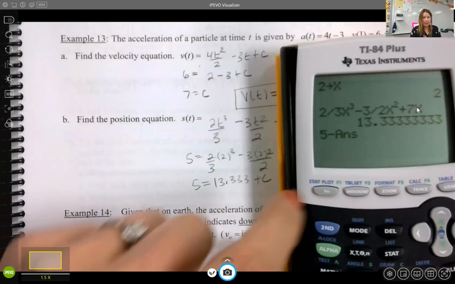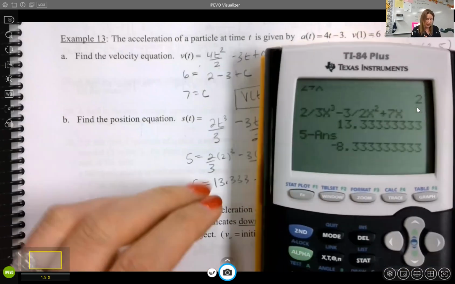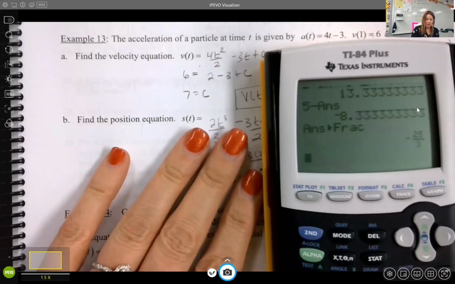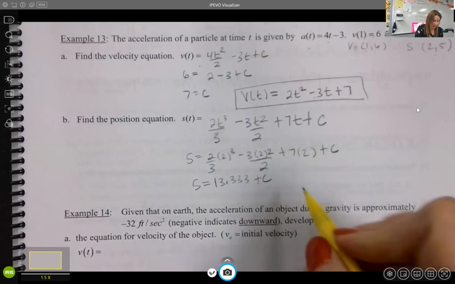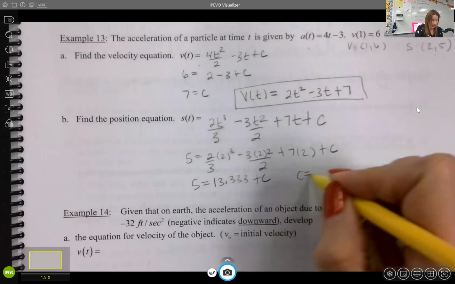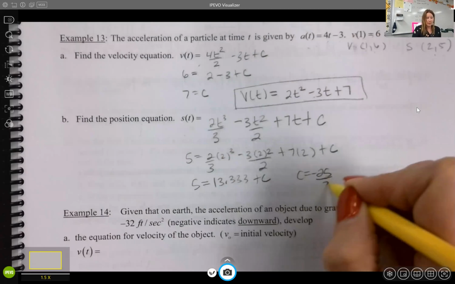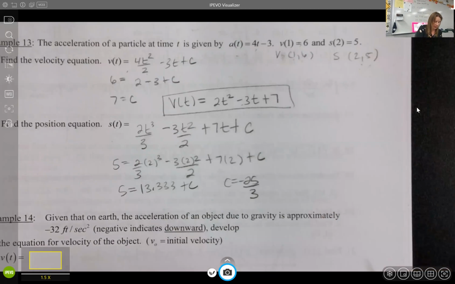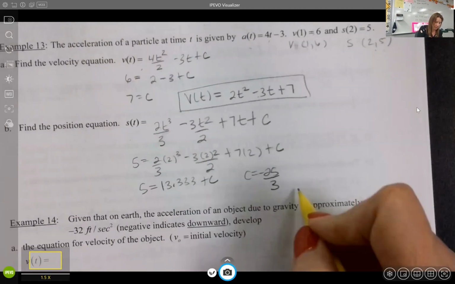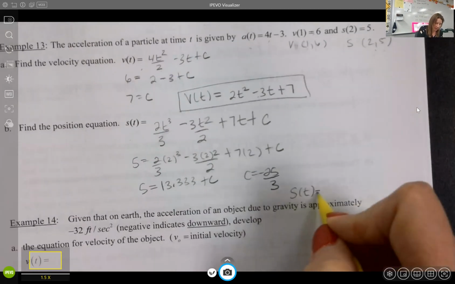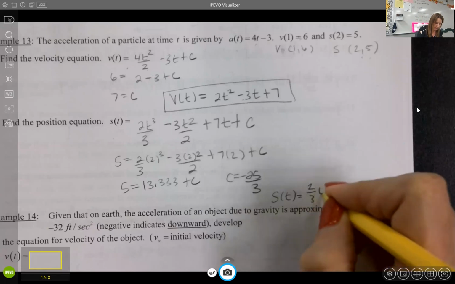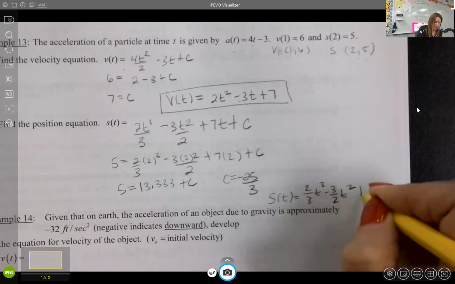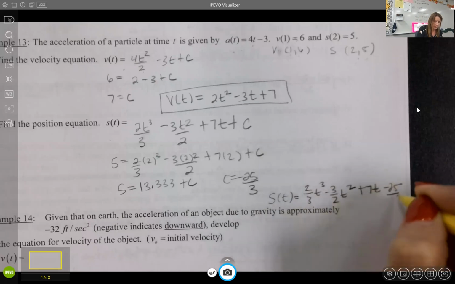Make sure I'm not rounding, okay? And I get negative 8.333, and I can turn that into a fraction and get negative 25 over 3. So c equals negative 25 over 3. So if I go a step further and write our equation, I'm kind of out of room here, then that's going to be 2/3 t cubed minus 3/2 t squared plus 7t minus 25 over 3.